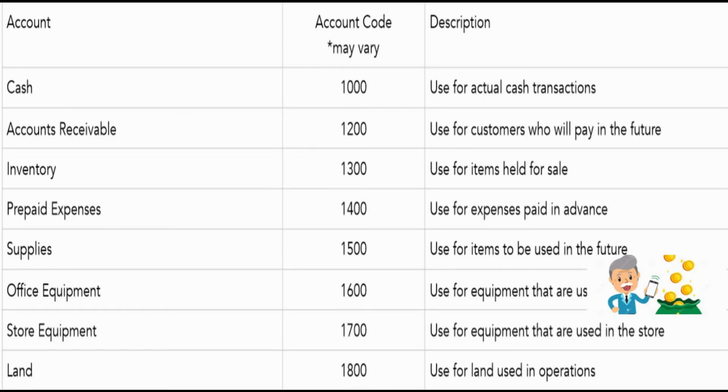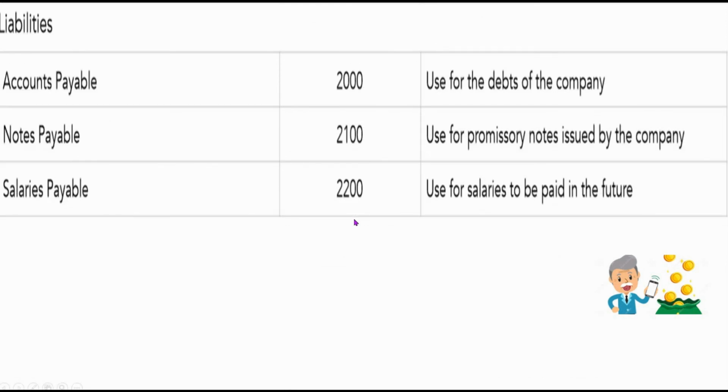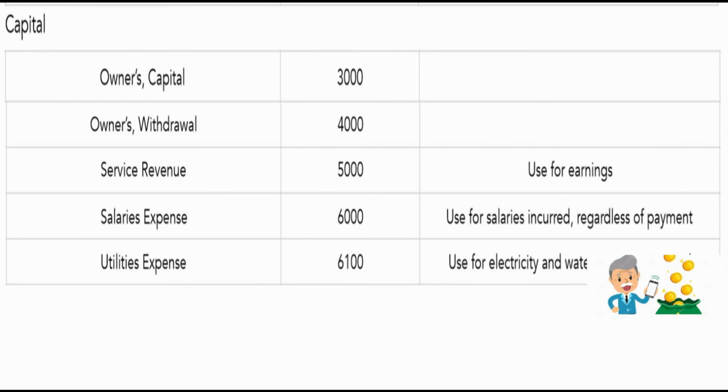So here is an example of a chart of account. So we have asset, and we also have this description. We have for liabilities and for capital.